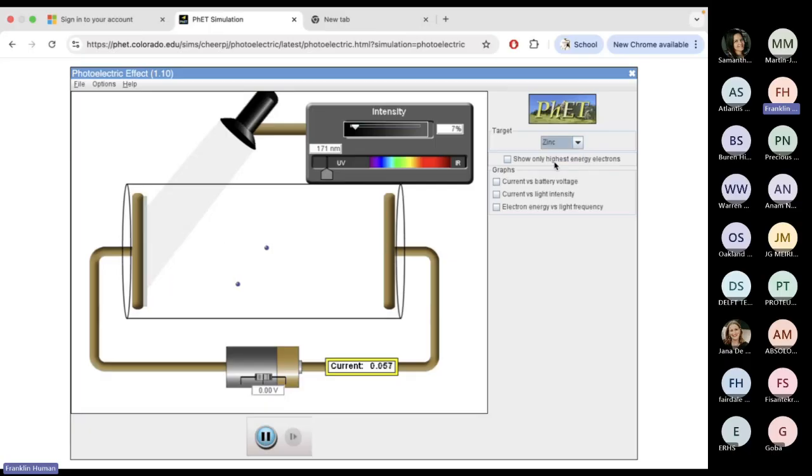If I change my metal to zinc, you can see it's a little bit fewer electrons. Change it to copper. And then you can see only periodically now you have electrons being emitted. Change it to platinum.